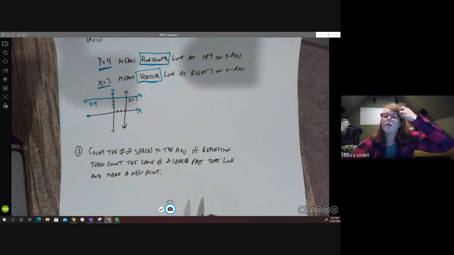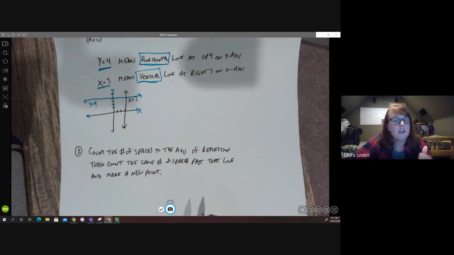So the first thing we needed to know is how to find the axis of reflection. The second thing we need to know is how to actually do that reflecting. So that's best illustrated with an example here.